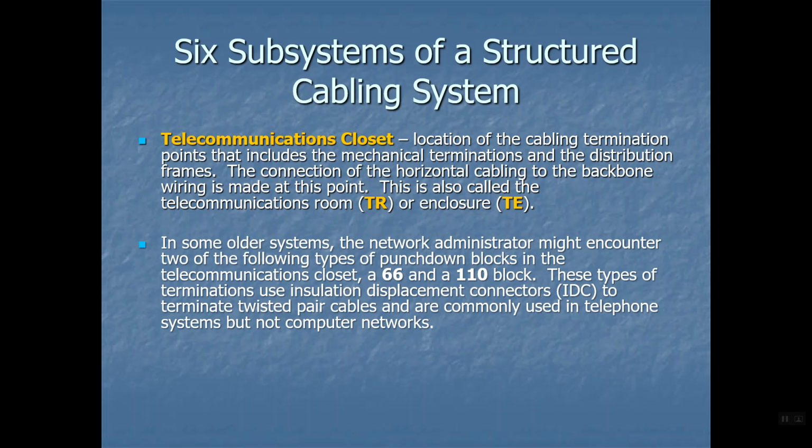Remember, there are certain limits when we're using twisted pair. You don't want to go over 100 meters, so we have to take all those things into consideration. If you have more than 100 meters between your switch and your user, then you probably have to consider making another wiring closet on the same floor and so on.